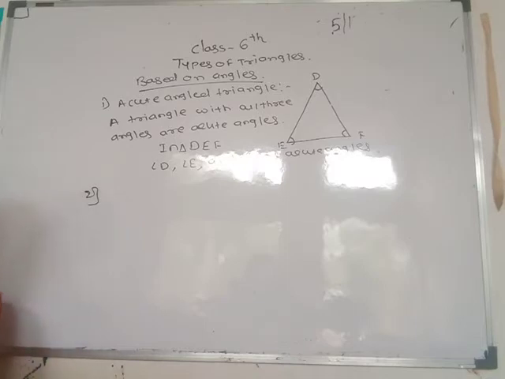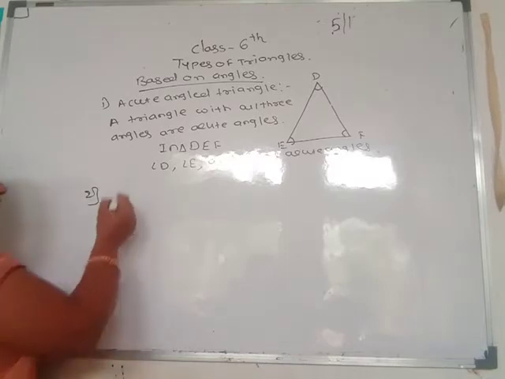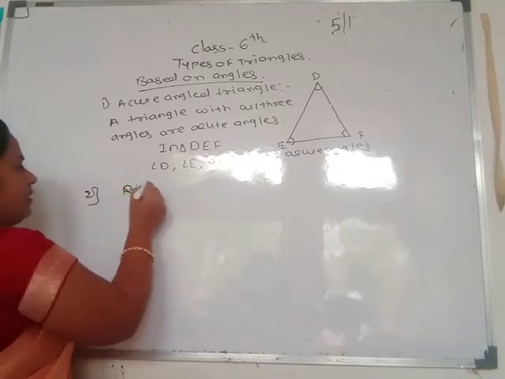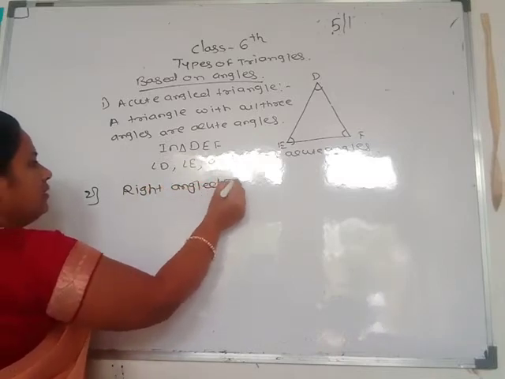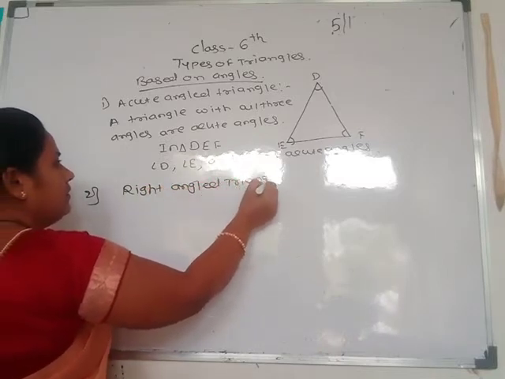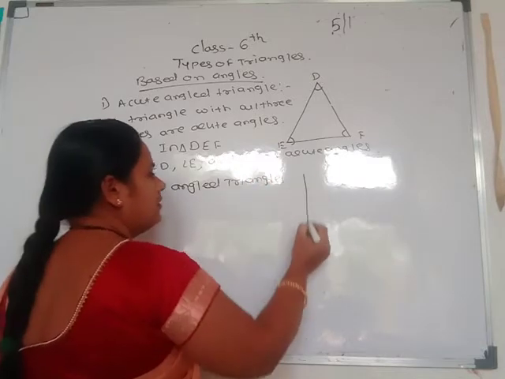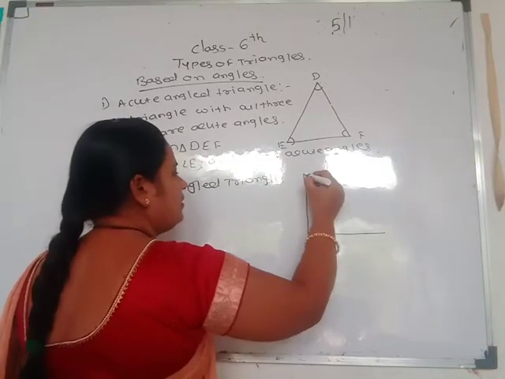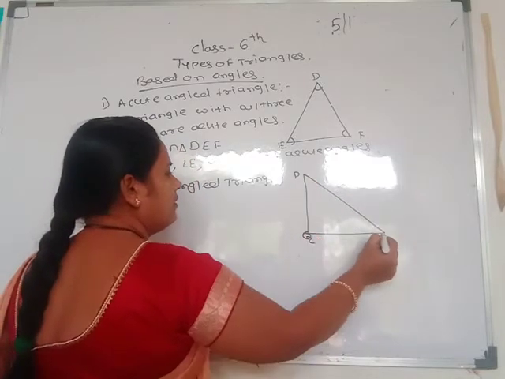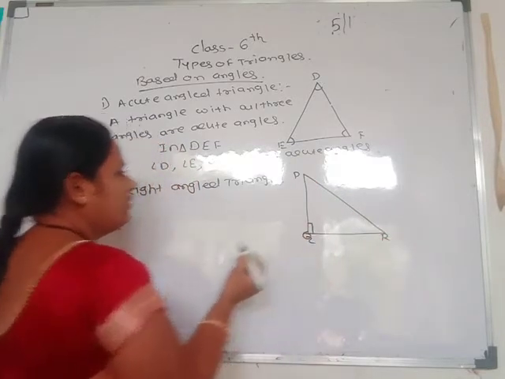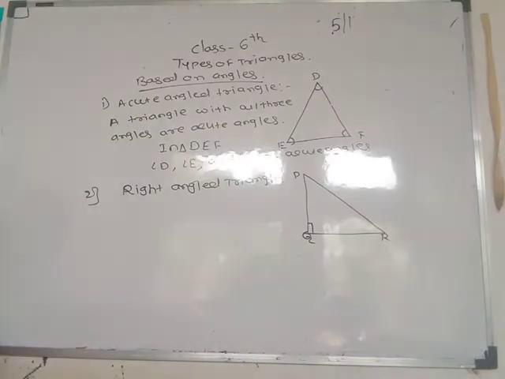Second one, right angled triangle. Figure here, PQR.